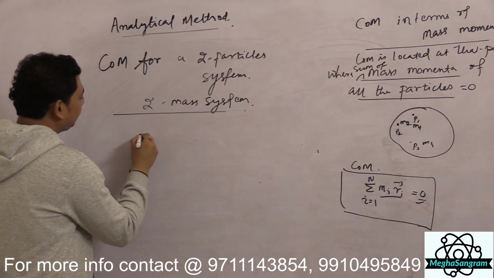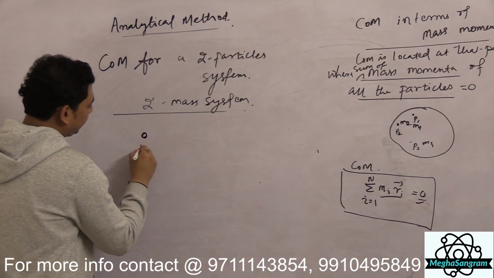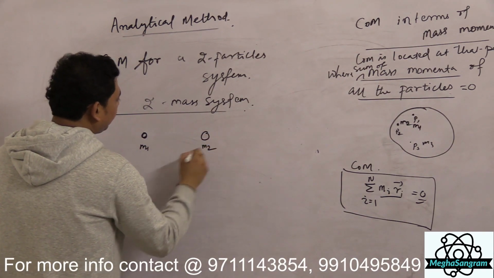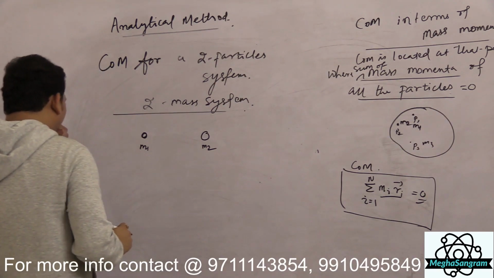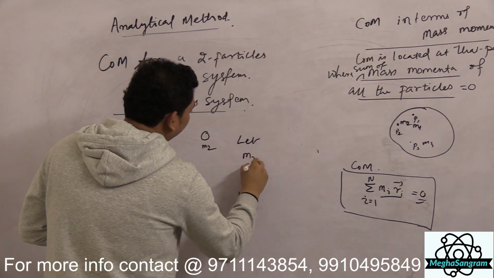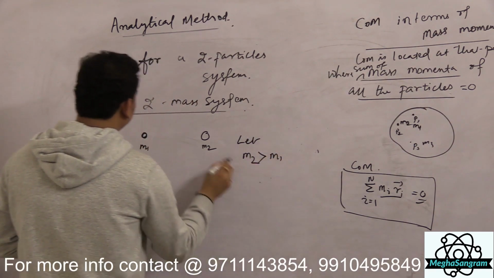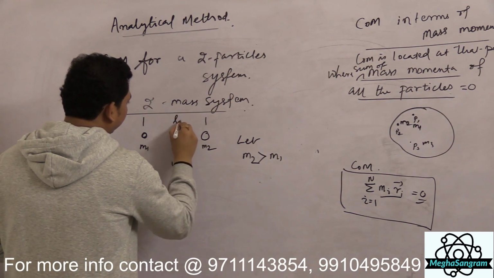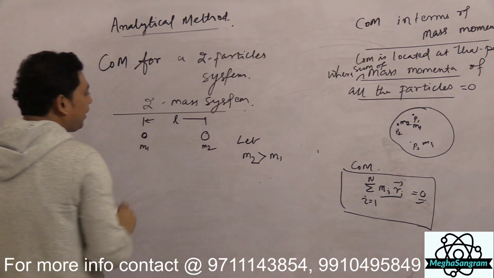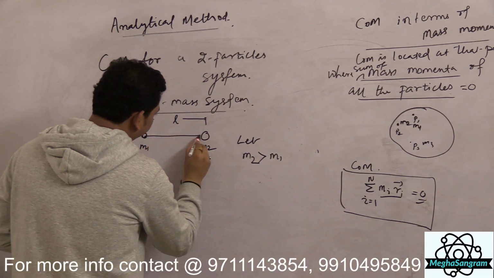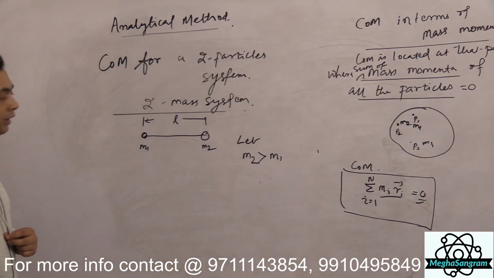Let us suppose that we have two masses. Let's say this is m1, and this is m2. Let m2 be greater than m1, and they are separated by a distance, let's say L. Then let us join these two points, center to center.